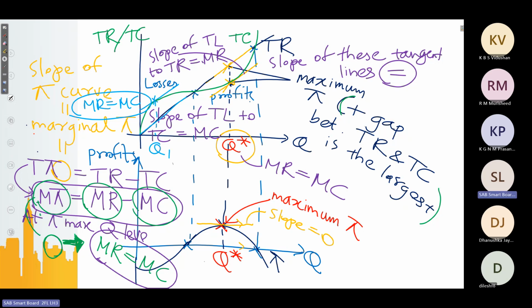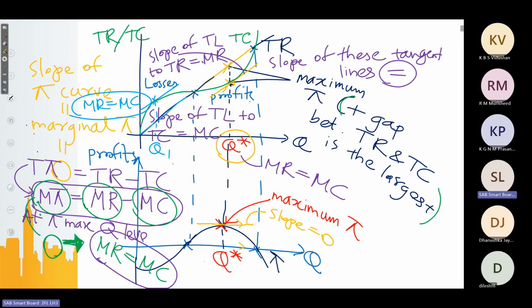There are some cases where we don't see profit maximization. Instead, we see loss maximization. So MR equals MC condition is necessary but not sufficient to decide profit maximization. It should be satisfied, but it is not sufficient.